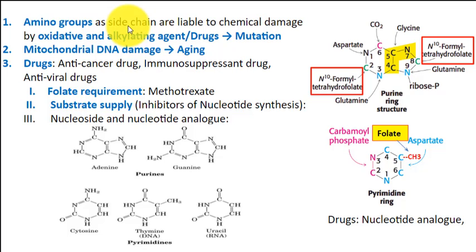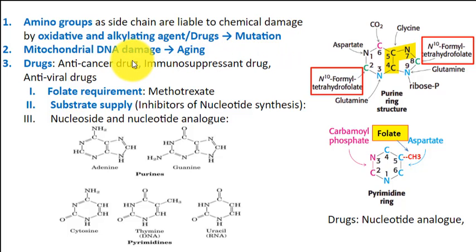Oxidative damage or some alkylating agent will come and attack the nitrogen group in the ring, and that can be a cause of mutation. So these groups are prone to chemical reactions, and changes in these bases can cause mutation. This is the reason for mutation.